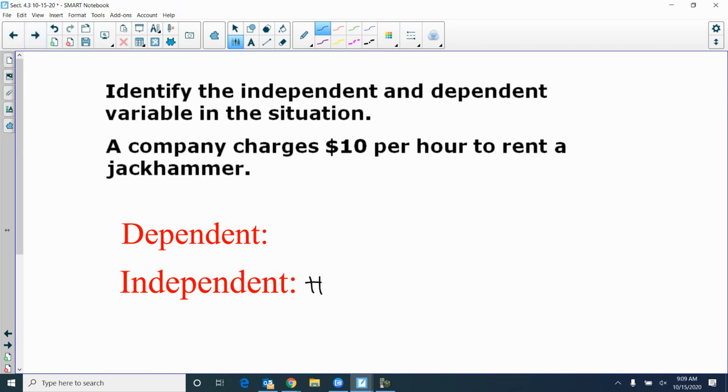Yep, number of hours rented. Time rented is fine. And then cost, or sometimes you want to put total cost based upon whether there's an upfront charge. Because the cost is going to depend on how many hours you rent.